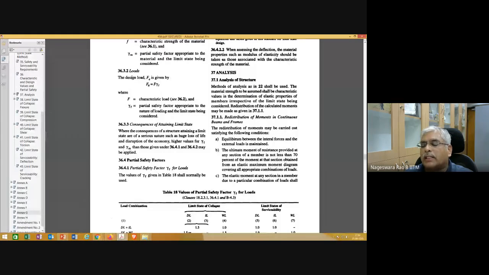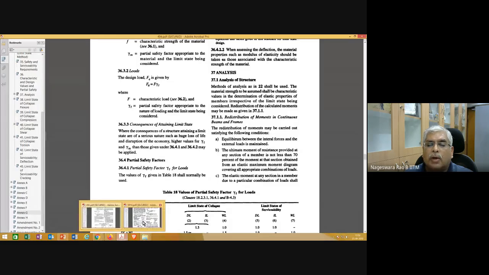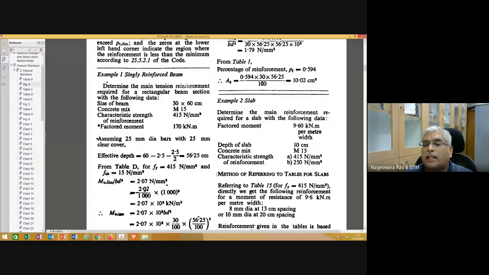Making use of those design loads, once you estimate the maximum moment coming on the beam, that is the factored moment. So this factored moment is the moment for which we are going to design the beam.